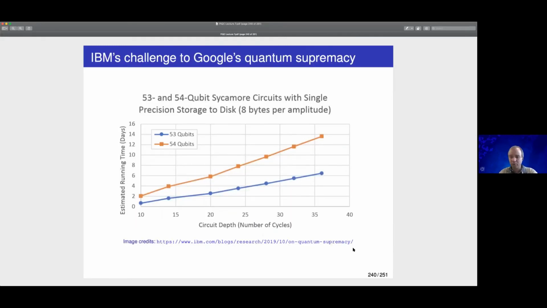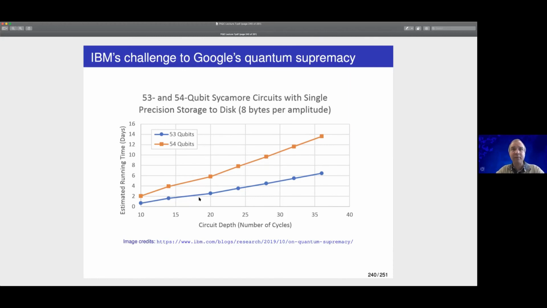But I also want to mention this challenge that IBM posed to this quantum supremacy achieved by Google. So they said that, well, this figure of 10,000 years that Google mentions in the paper is not correct. You could simulate classically these circuits that they are running with a much faster algorithm. And they computed an estimation of what this algorithm would take for the same tasks that Google were using in their computer.